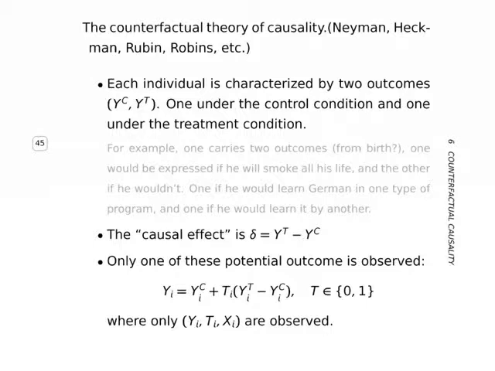Only one of them is observed, and therefore I can write the outcome in this equation. Only Y, T_i, and X_i, some confounder, are observed, and I cannot observe both YC and YT, but I am looking for the difference.